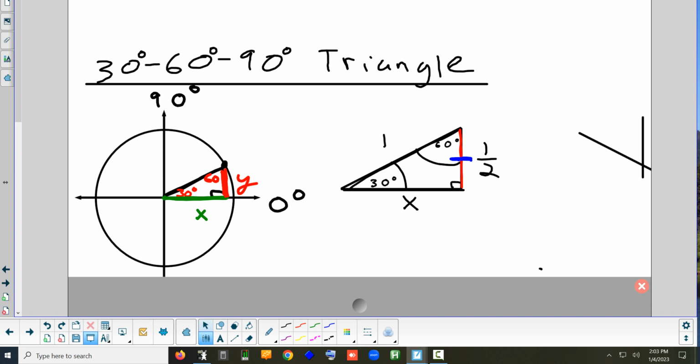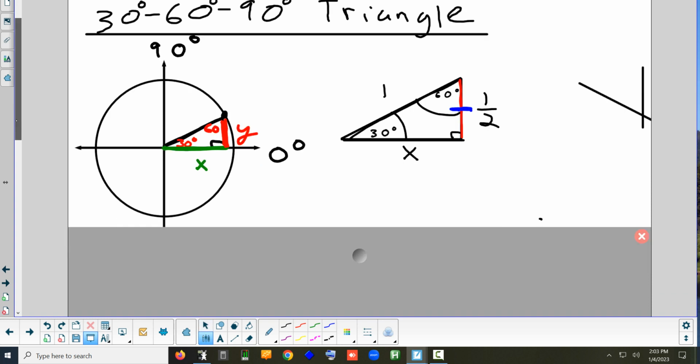Now we can use Pythagorean theorem. How come we can use it now, but we couldn't before? I would have had 2 variables before, because I didn't know either side. Now I figured out one of them, being clever and using a little geometry. I can figure out this third one using Pythagorean theorem.